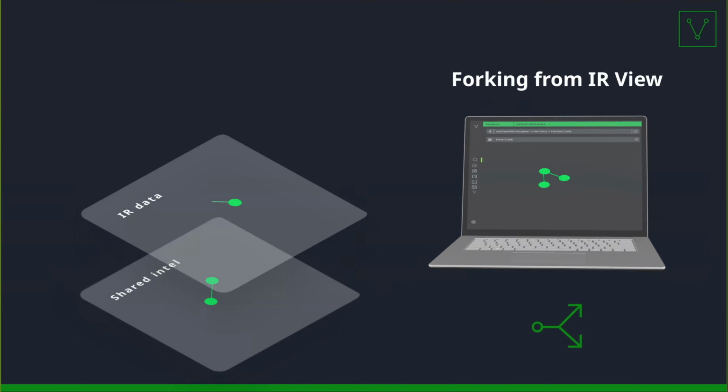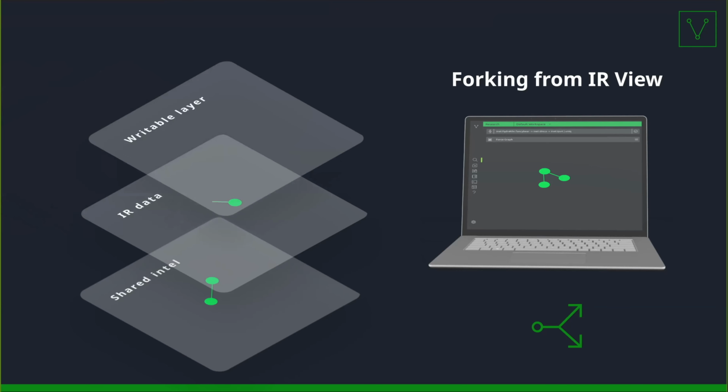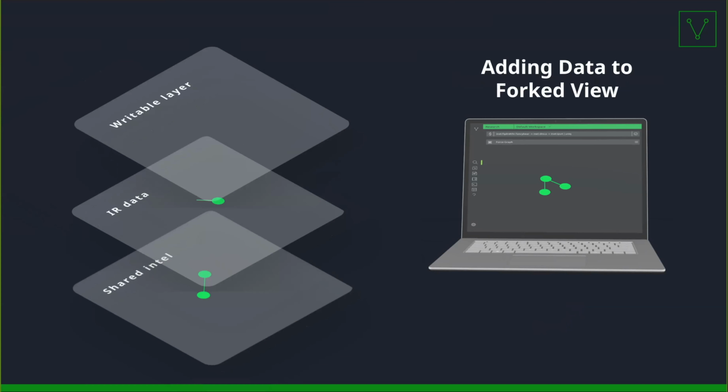And when we do that, what we get is the two layers that are contained within that view and all of its associated data, all of the tags, all of the nodes, the node properties, everything. Then once we have that copy, we get a blank writable layer directly on top of that IR view. So now we have our scratch space that we can work within, all while being able to view the data contained within that IR view.